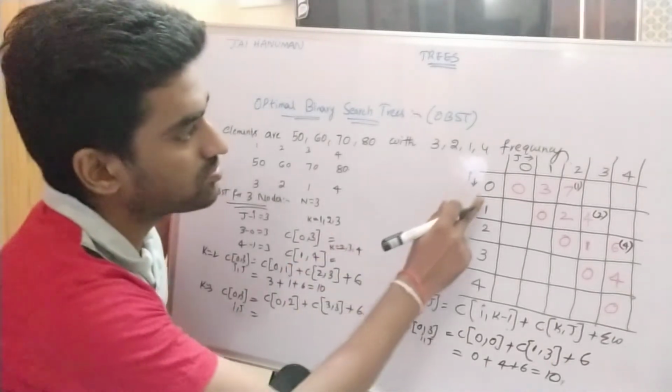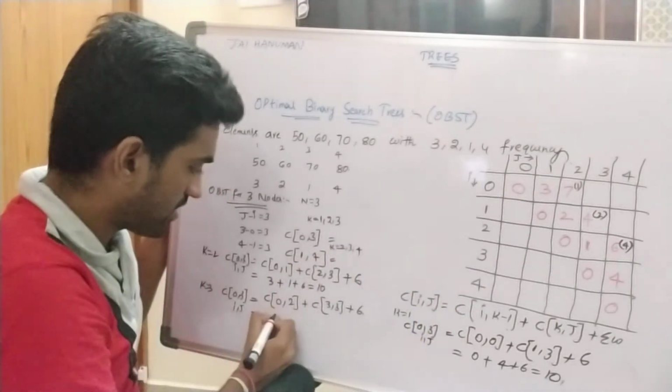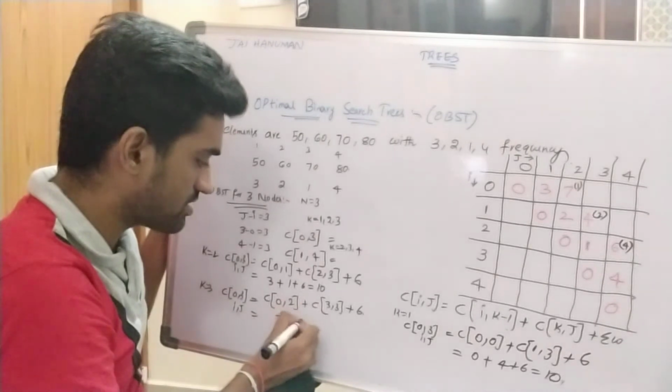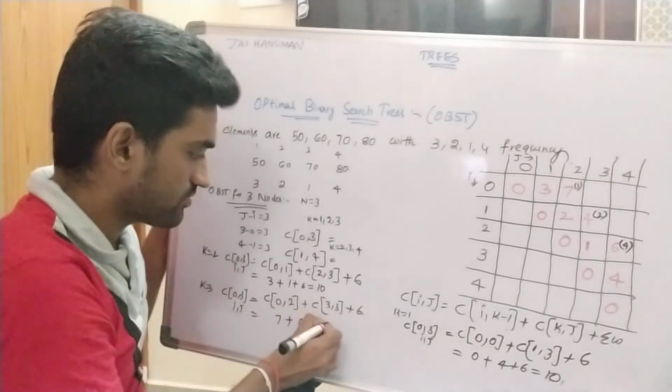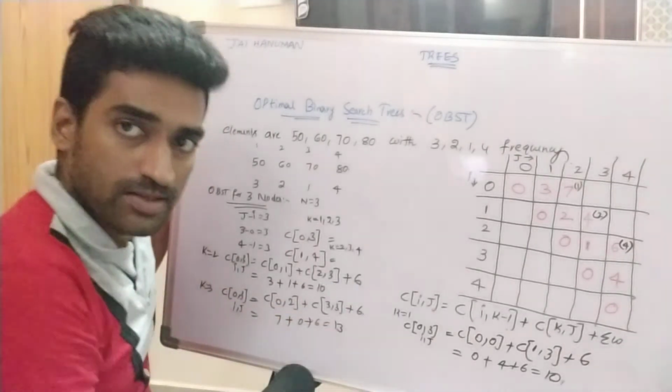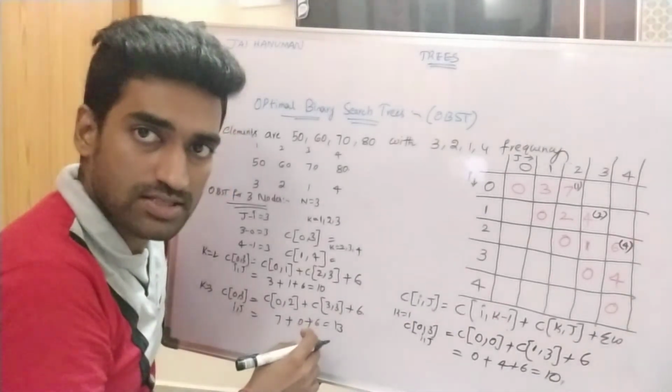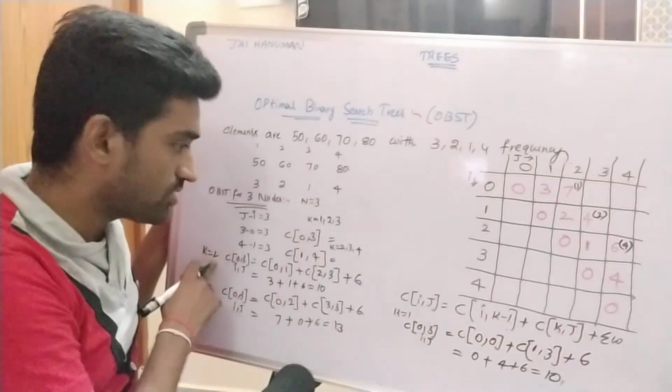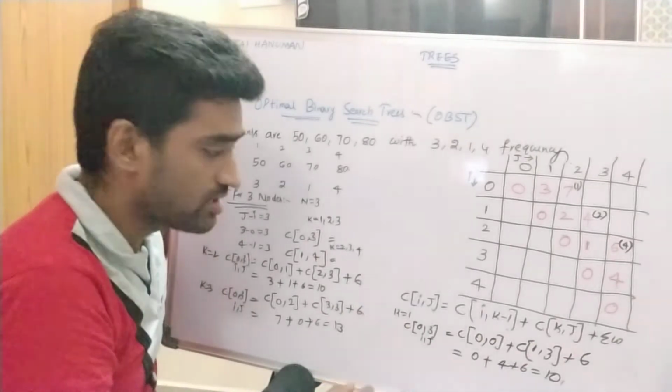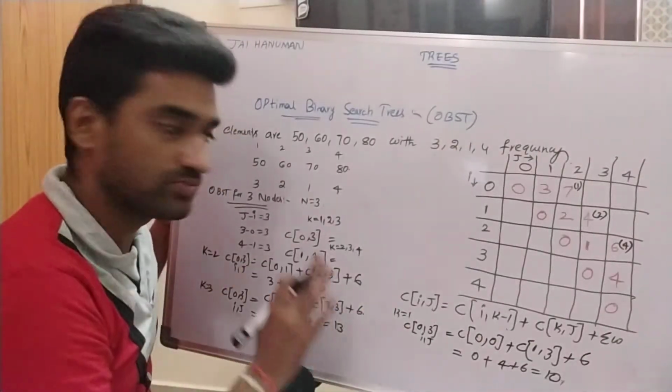So 0 comma 2 is 7, plus 3 comma 3, 0, plus 6, which is equivalent to 13. So here the minimum cost is 10, for k equal to 2 and for k equal to 1. So you have to choose 1 or 2, whichever.